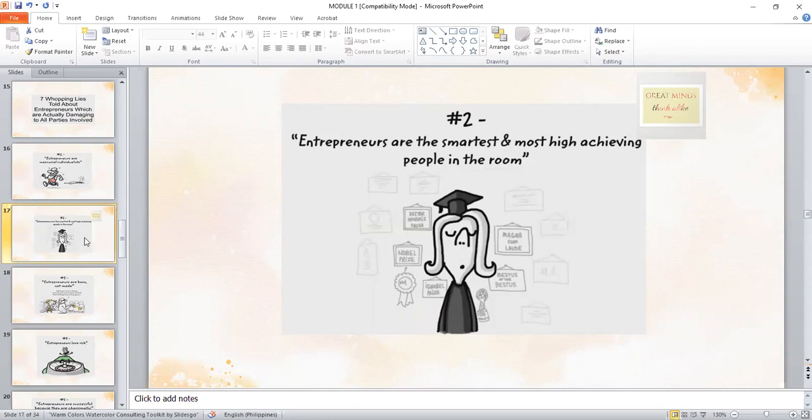But you don't need to be the smartest and the most high-achieving person to be an entrepreneur. I'm not saying that the magna cum laudes cannot be good entrepreneurs. I'm just saying that you don't need to be one to be a good entrepreneur, or to be an entrepreneur in the first place. So probably we can have a pooling of the great minds.